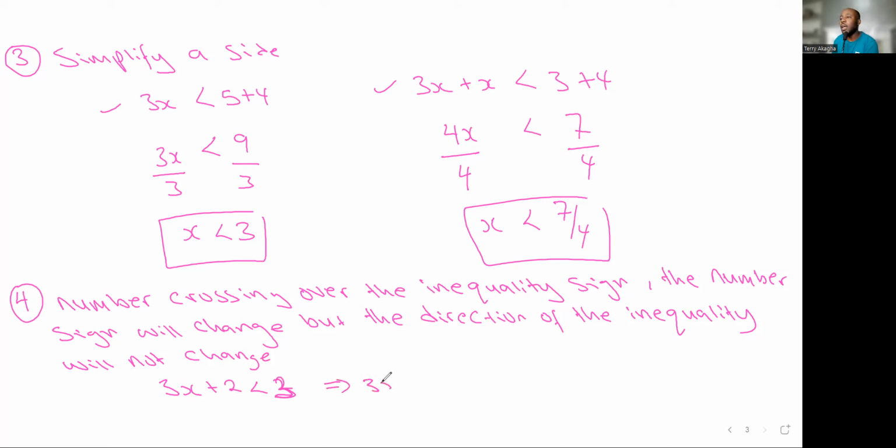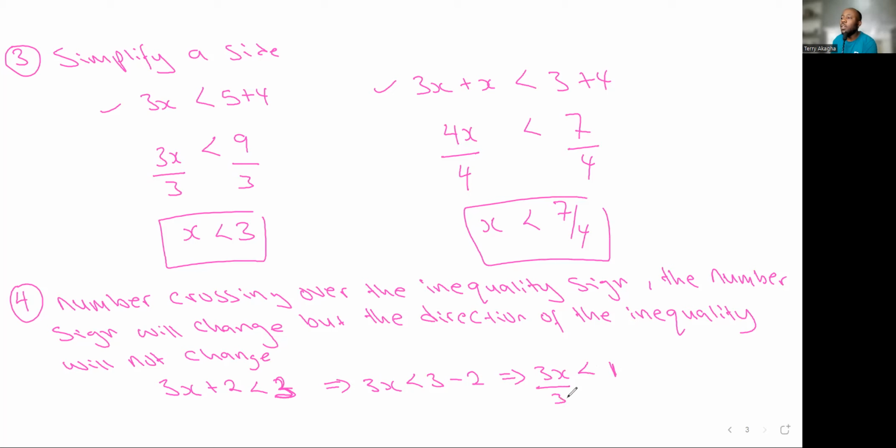So it's going to give us 3x is less than 3 minus 2. So as you can see, the plus has become minus, but the direction will not change. Then when you simplify, it's going to give us 3x is less than 1. So like I told you, for step 3 here, when you simplify, the direction will not change.